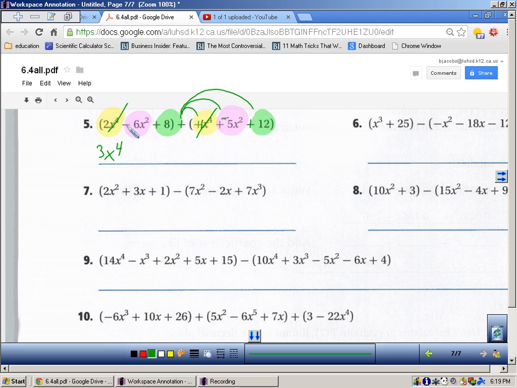So negative 6x plus negative 5x is negative 11x. When you add numbers that have the same sign, you keep the sign. This would be plus negative 11x squared. Again, you could write it as minus 11x squared. Let's cross that off. And then finally, it's 8 plus 12 is 20, positive 20. So, it's one way of writing it.